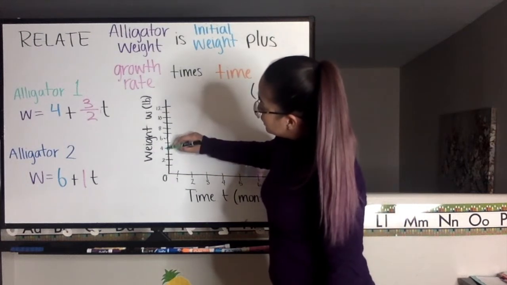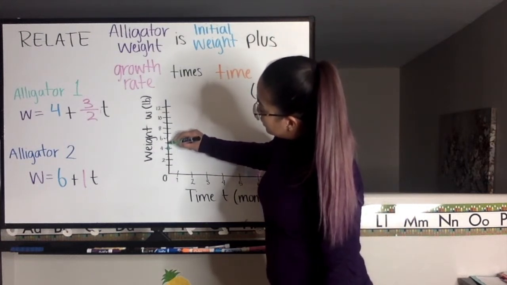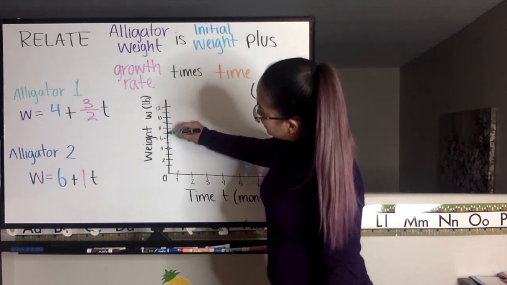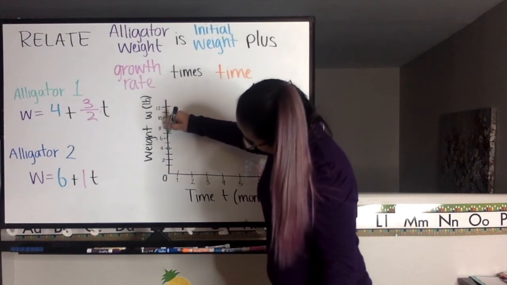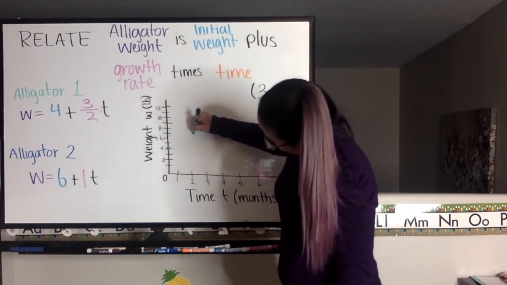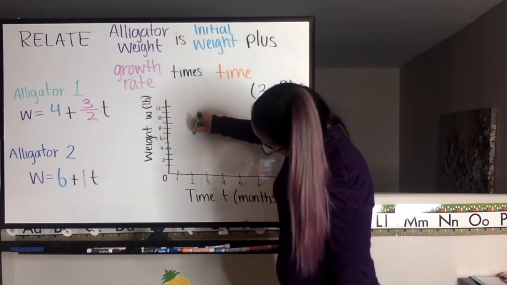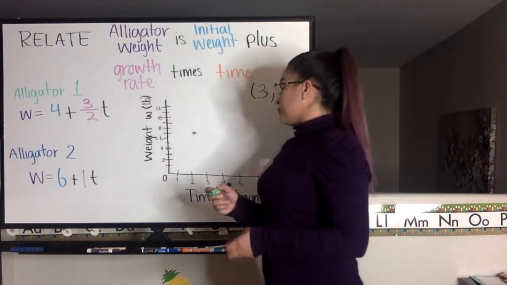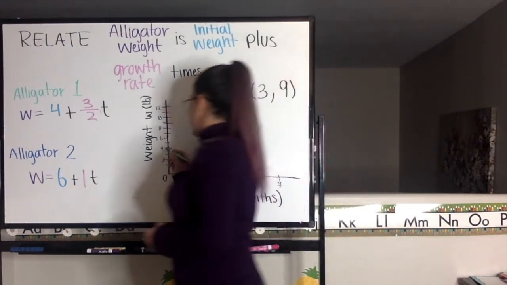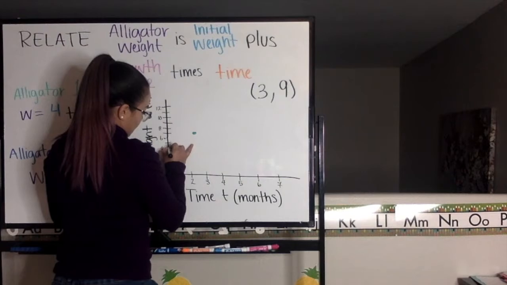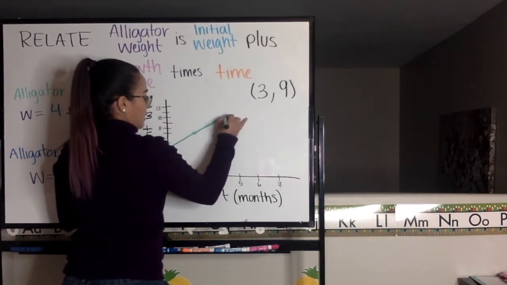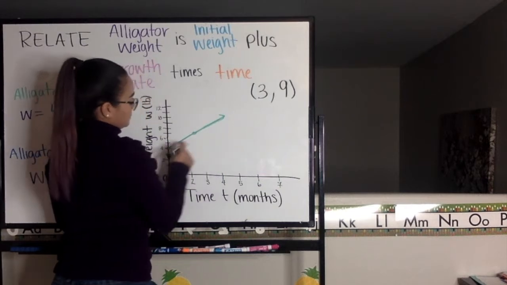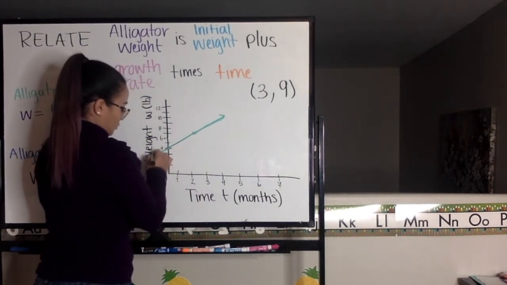So elevator, up 3, 1, 2, 3, so 7, over 2, so right about here. Right there. Very nicely. Now, let's draw our line across. I need a ruler for this.